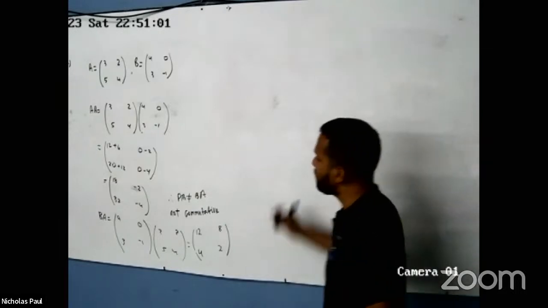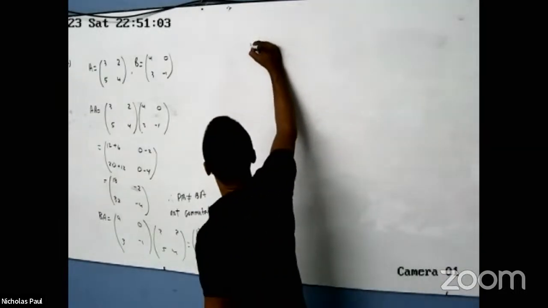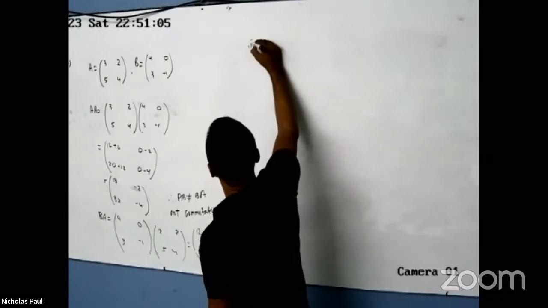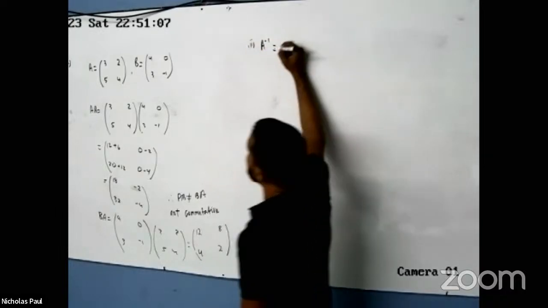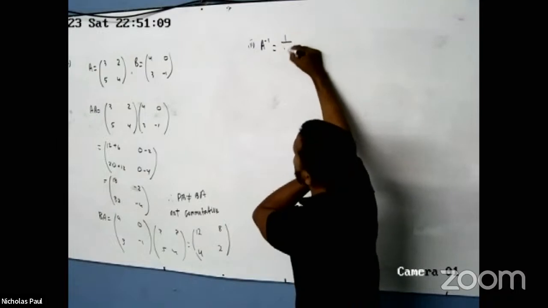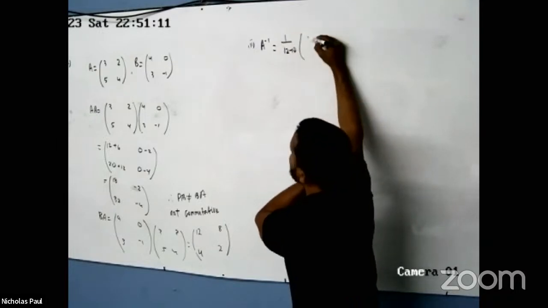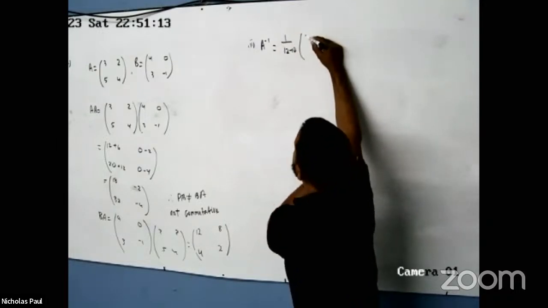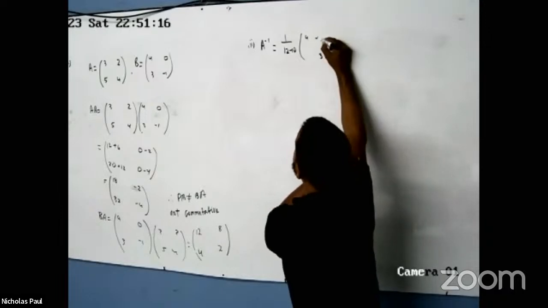What's the next part? Part 3 is what? A inverse. Part 2, I mean A inverse. So A inverse of that will be 1 over 12 minus 10. And then you switch around the 3 and the 4, and you put a negative sign by the 2 and the 5.